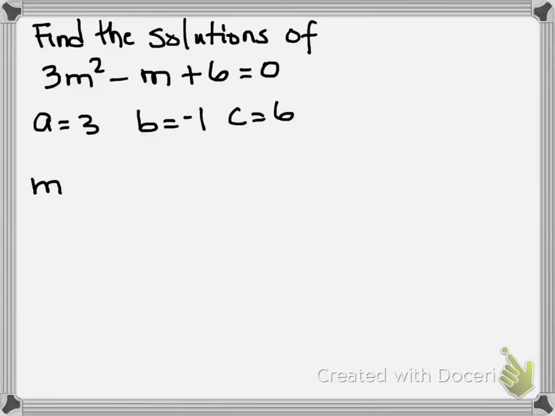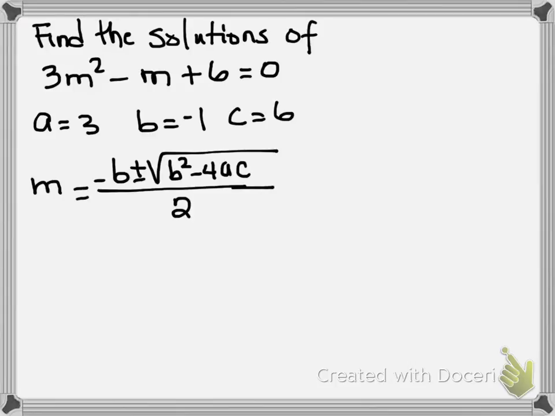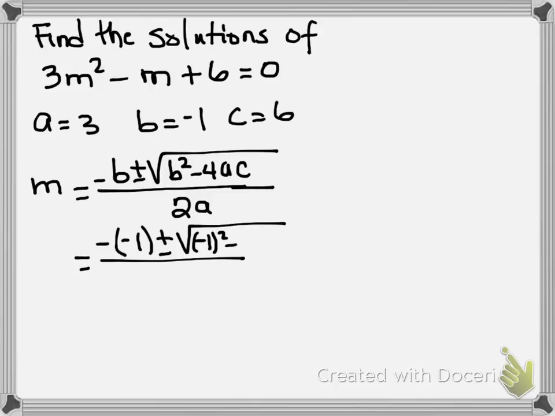And we now substitute. Once we substitute, we're going to have negative times the negative 1. Notice that even though 1 is negative, I don't take away the negative that comes with the formula. So I have negative times negative 1 plus or minus the square root of the expression negative 1 squared minus 4 times 3 times 6, all over 2 times 3.